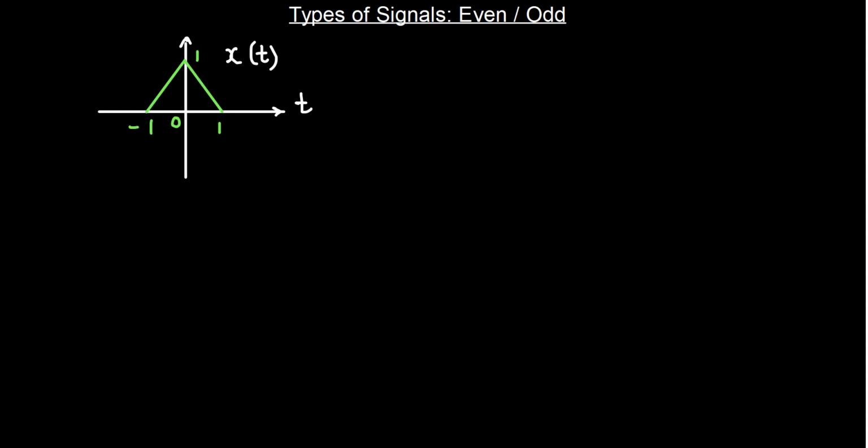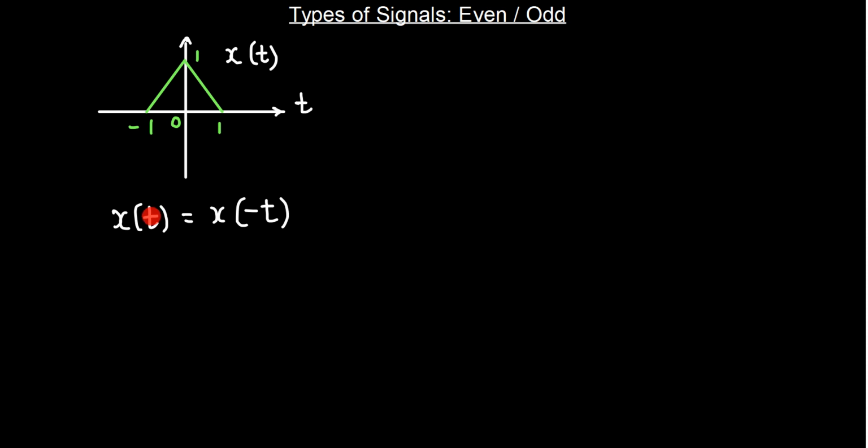If you look at this signal, we may see that the signal is symmetric in nature, meaning the signal that is there on the left appears on the right exactly. This can be represented as x of t equals to x of minus t. What does that mean?